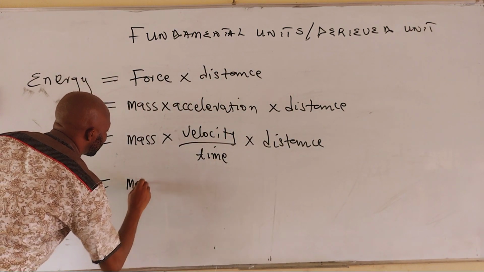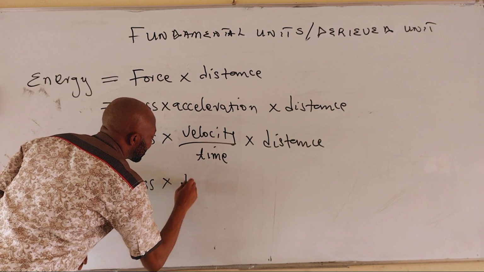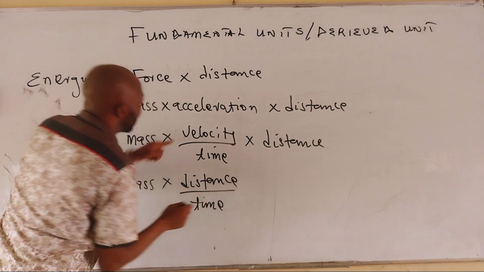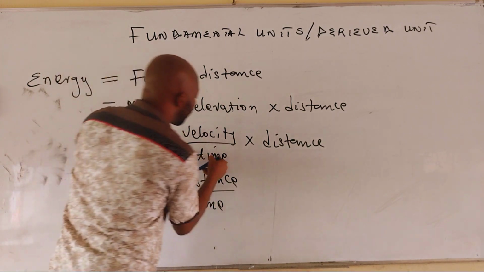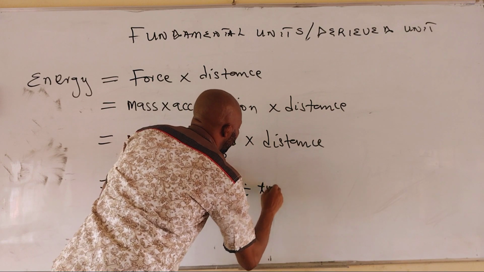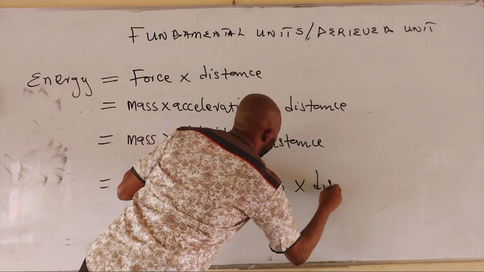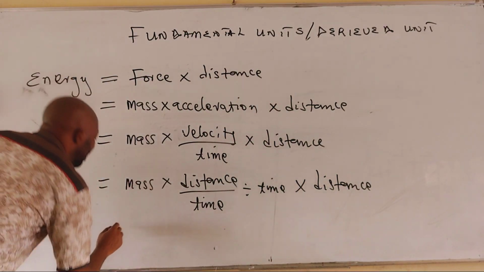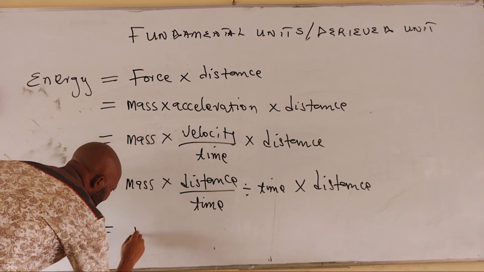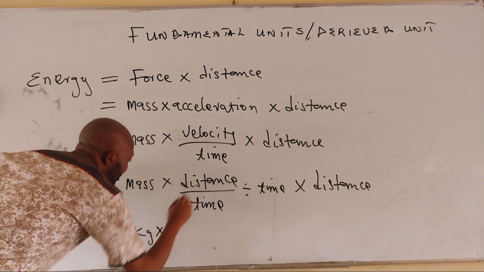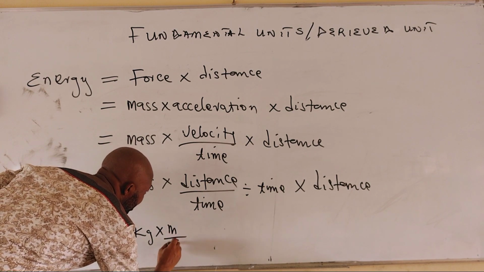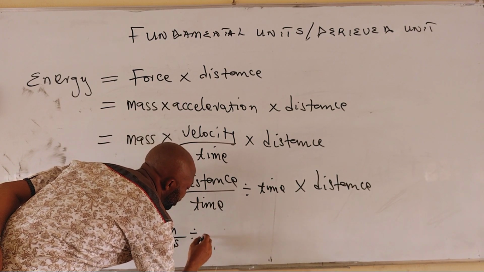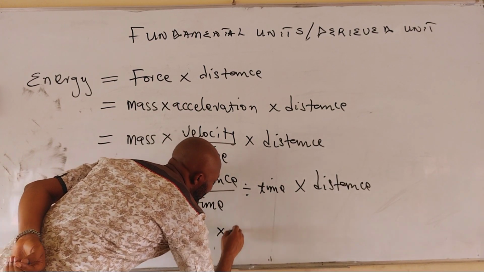And this is my mass times velocity, which is distance over time. This is velocity, distance over time, divided by time, times distance. Now, let's break it down. Mass is in kilogram, times distance in meter over time in seconds, divided by time again, which is in seconds, times distance in meter.